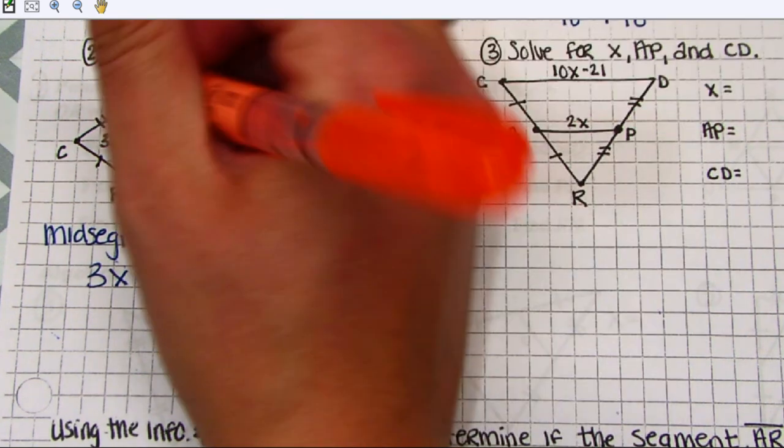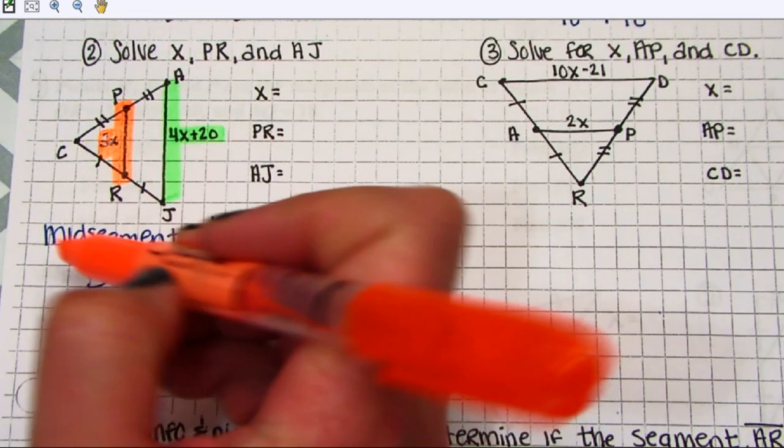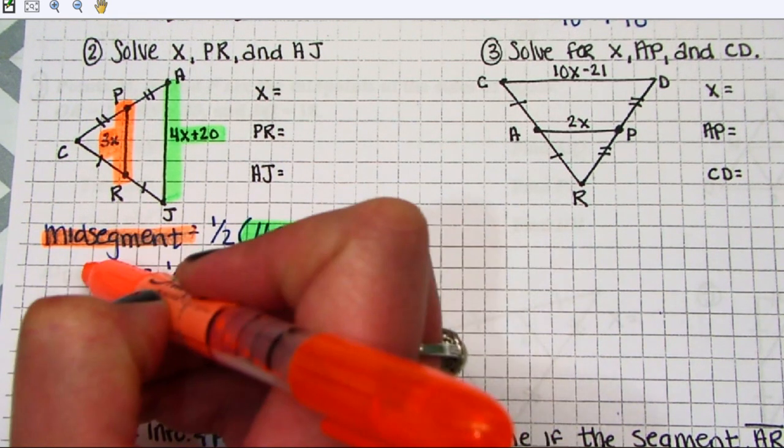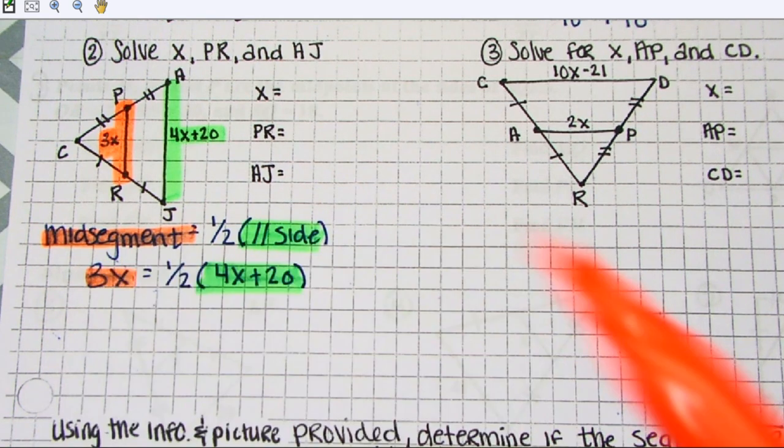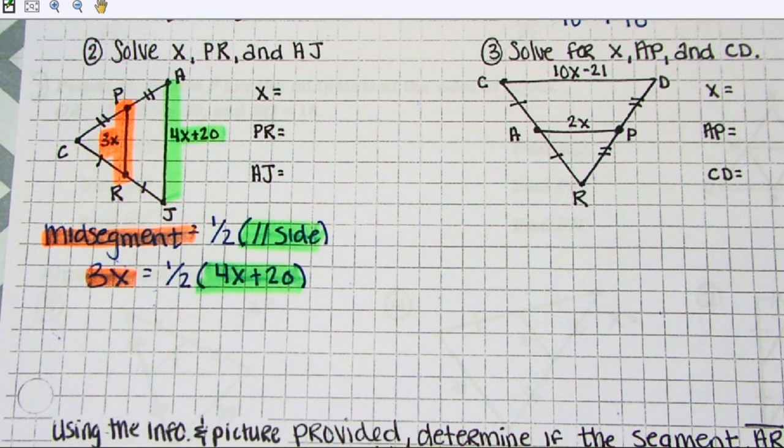So this is the midsegment. The midsegment will always be inside of the triangle. The parallel side is always outside of the triangle. It's the side of the triangle. And so the midsegment is inside. The parallel side is going to be one of the full sides of your triangle.